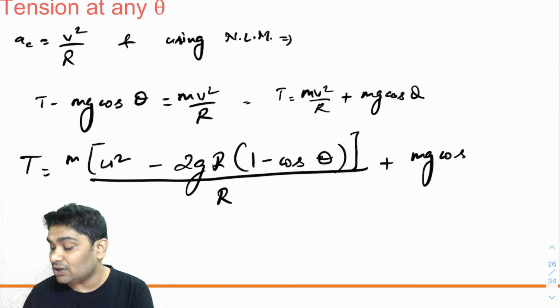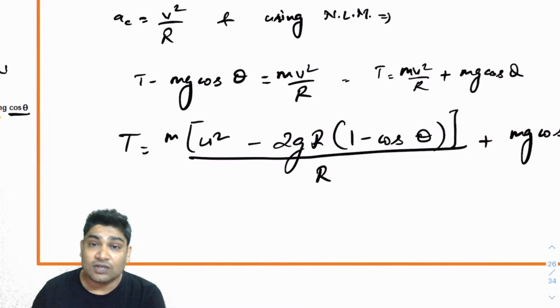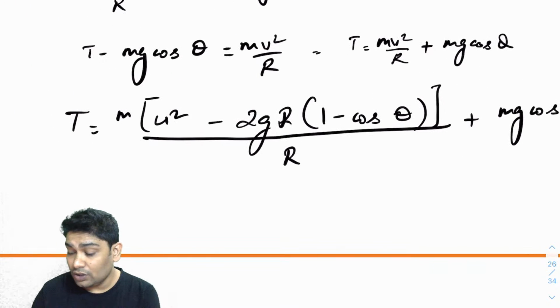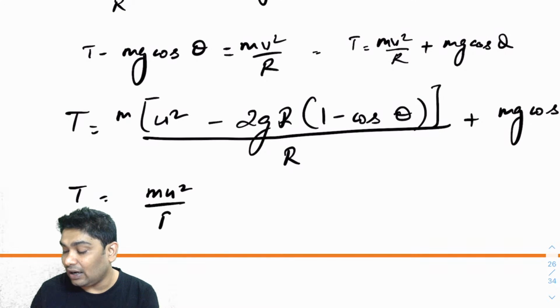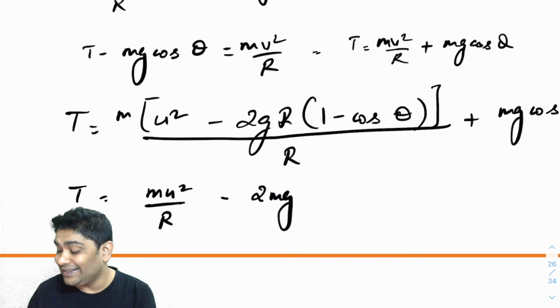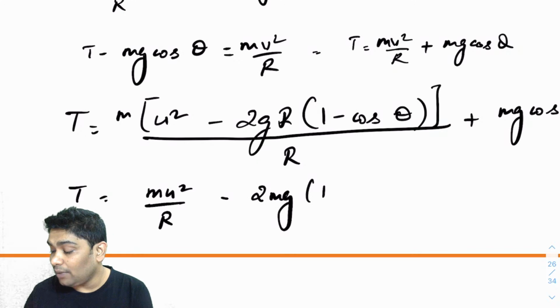Plus mg cos theta. So this is what I am getting. So let's see what it is. It is mu square by r, and then I have minus 2mg times (1 minus cos theta) plus mg cos theta.